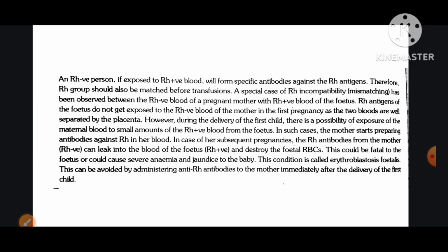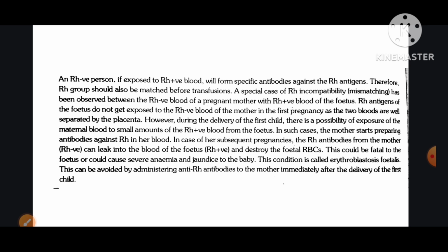Rh antigen of the fetus does not get exposed to the Rh negative blood of the mother in the first pregnancy, as the two bloods are well separated by the placenta. However, during the delivery of the first child, there is a possibility of exposure of the maternal blood to small amounts of Rh positive blood from the fetus.